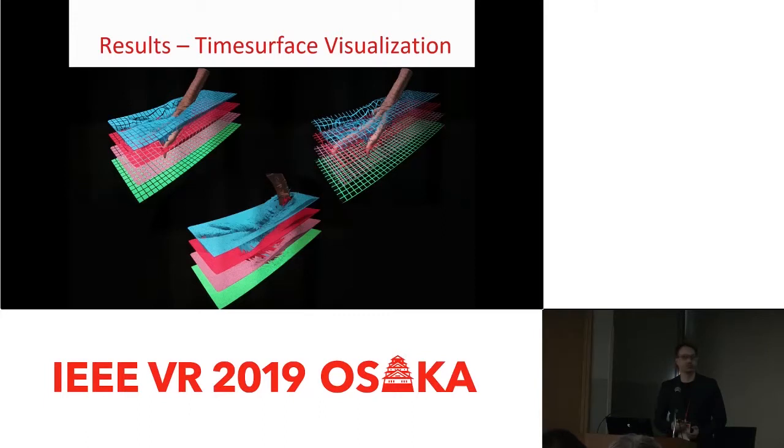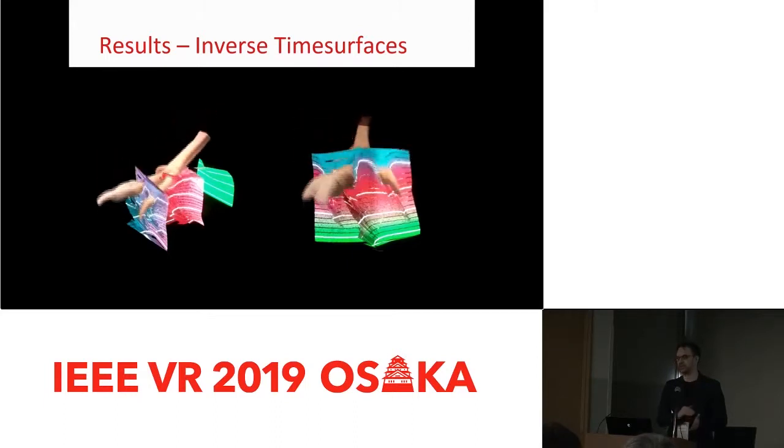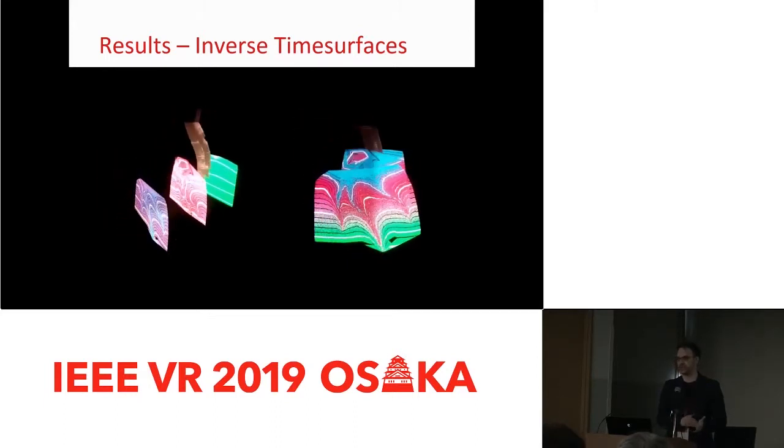And as you can see here, during the implementation stage, we were also experimenting with different grid settings, each of which had advantages and disadvantages with legibility or the ability to see the entire data set at once. The other thing that we came up with during the implementation step, it's also possible to use inverse time surfaces, where instead of defining a flat surface at the start of the simulation, we define this flat surface at the end of the simulation and track particle coloring and grid settings backwards in time.